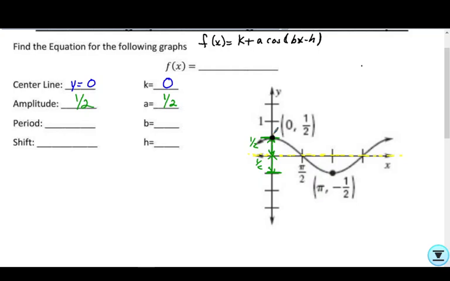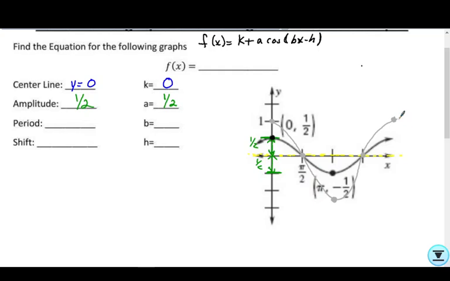And if you graph your parent function for cosine, in this case I'll graph it in gray so you can tell the difference: 0, 1, pi over 2, 0, pi, negative 1, this would be my 0, and then here would be my maximum again.